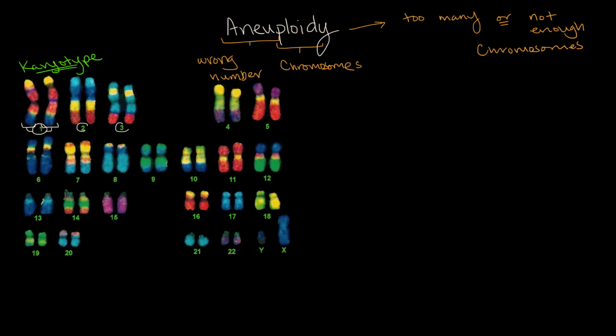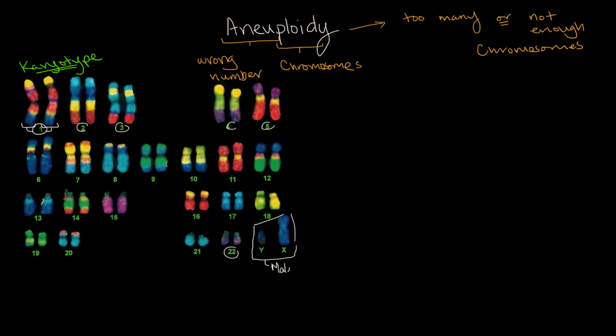And the same for all of the pairs of chromosomes all the way up to chromosome 22. In the last video that had a karyotype, we had a female. In this video, it's a male.